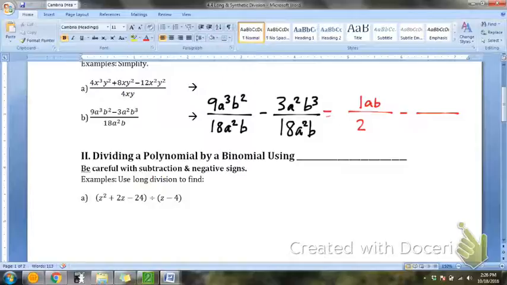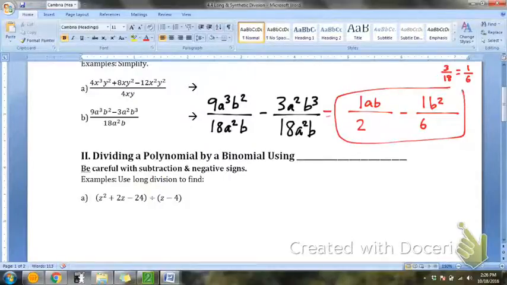Oh, 1 over 6. So 3 over 18 reduces to 1 over 6. The a squareds cancel, and I'm left with b squared on top. So we should have ab over 2 minus b squared over 6.